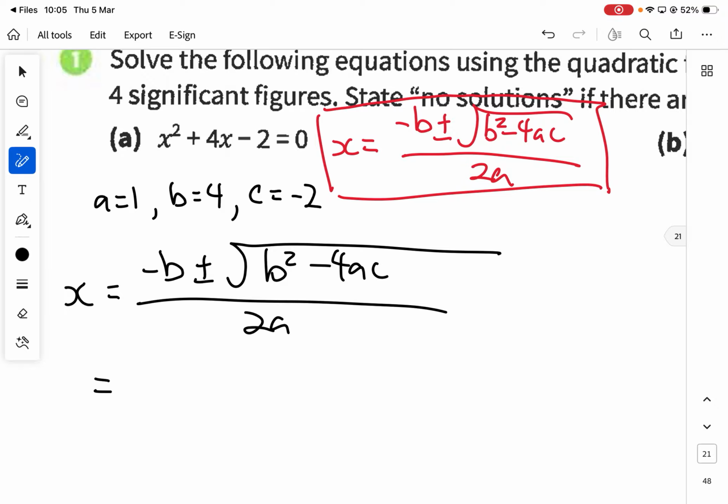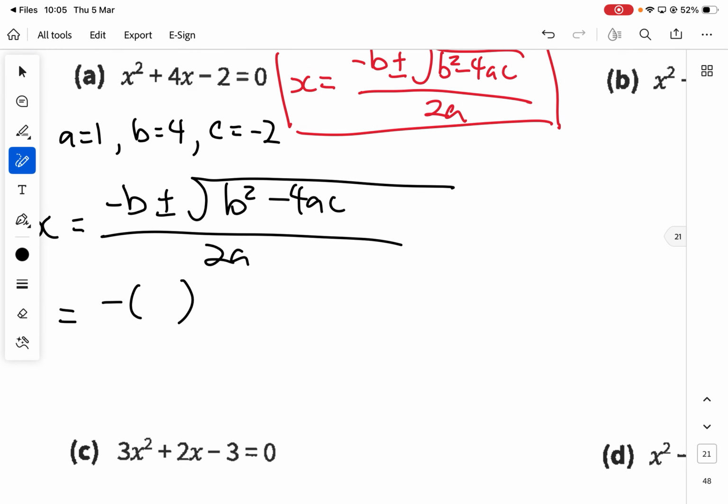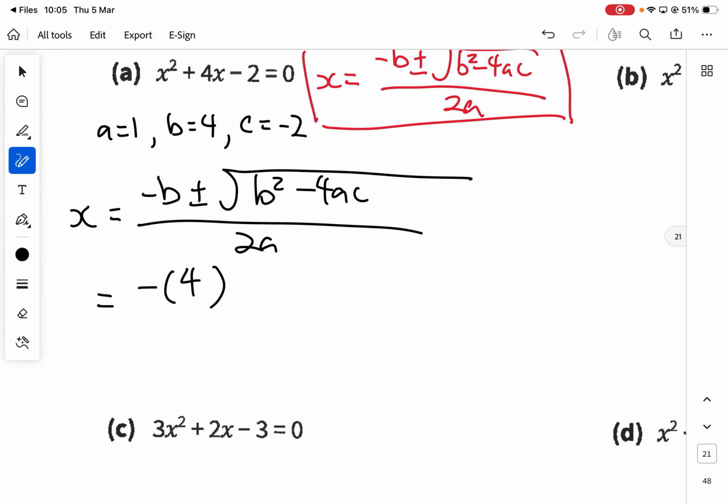X is still X, equal is still equal, negative is still negative, but I'm going to substitute B. So my B I replace with a bracket. All my substitution, remember, substitute with a bracket. Then what is B? B is 4. Then the plus minus, no change, still plus minus.